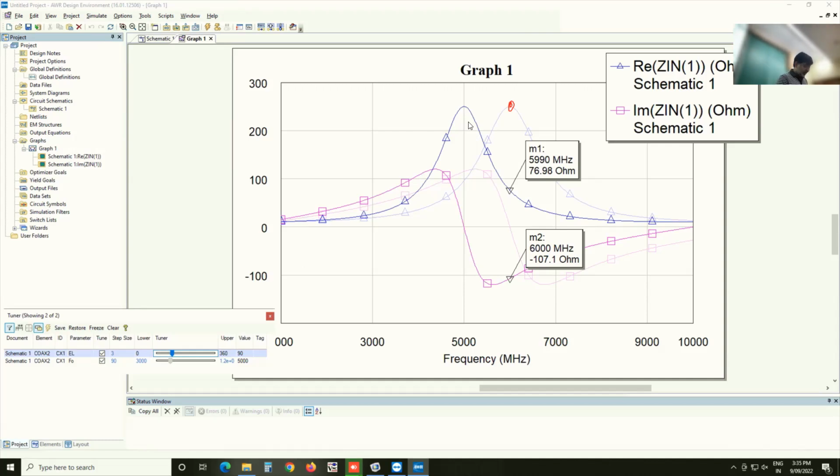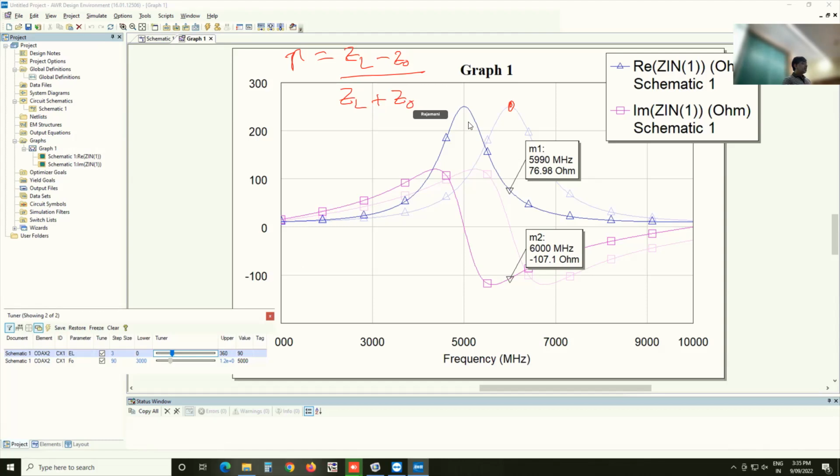So maybe I should elaborate. What do I mean by that? Remember, gamma is (ZL minus Z0) over (ZL plus Z0).